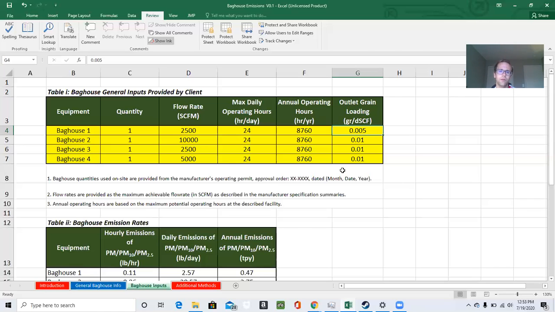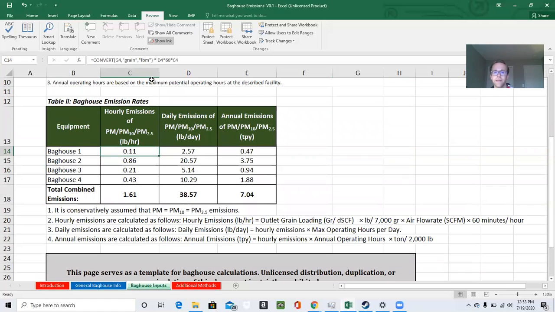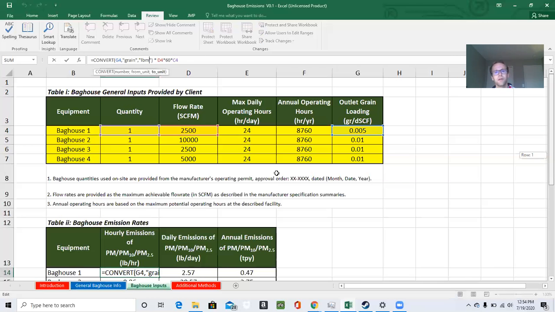So what we do is we take the grain per dry standard cubic foot, the grain per DSCF, and we're going to convert that into pounds. So we're going to multiply that by 7,000 grains per pound. We're also going to multiply that by the flow rate of our baghouse. So if that's 2,500 standard cubic feet per minute, for example.